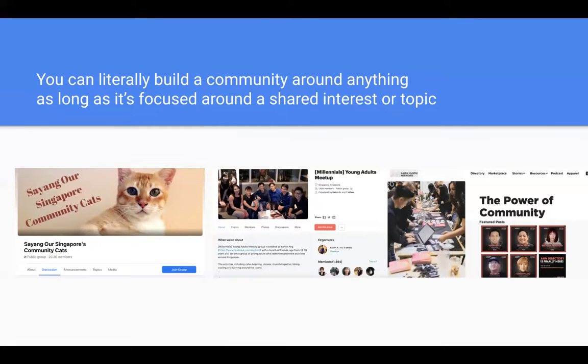I think that's a really good example of how you can build an interest around one specific topic. Another platform, for those who don't know, is meetup.com, which is a great way to meet people around a specific hobby or topic in a region. I had joined the millennials young adult meetup in Singapore, and I met a few interesting people there. And then Asian Hustle Network, a community that started just a couple of years ago, exploded in growth, and they have heavy hitters such as Simu Liu.